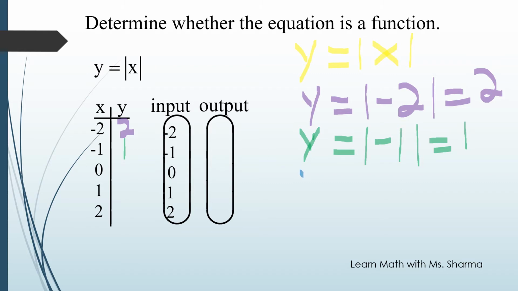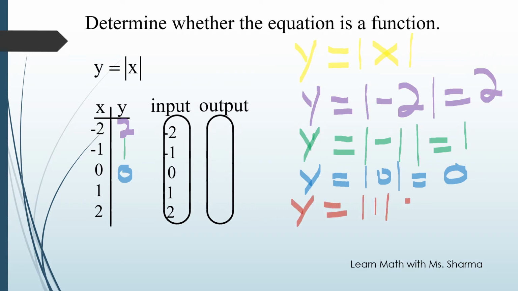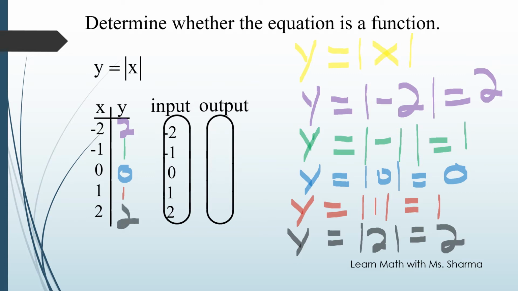When x is 0, the absolute value of 0 is 0. When x is 1, the absolute value of 1 is 1. When x is 2, the absolute value of 2 is 2. So we just found our y values, the range, the output.